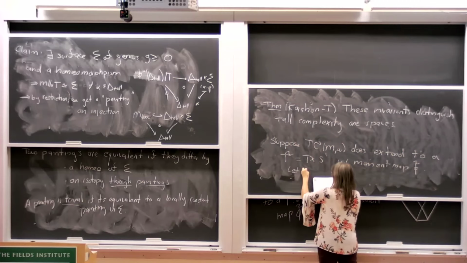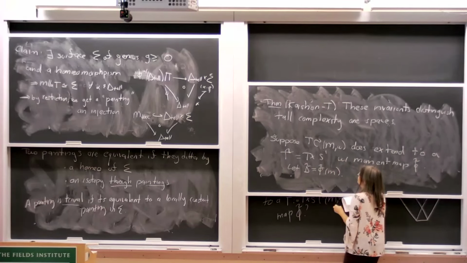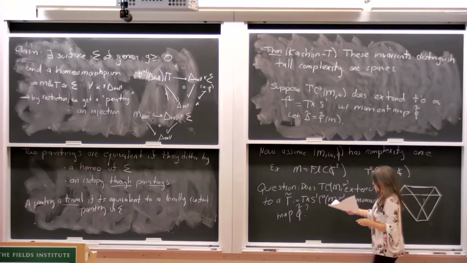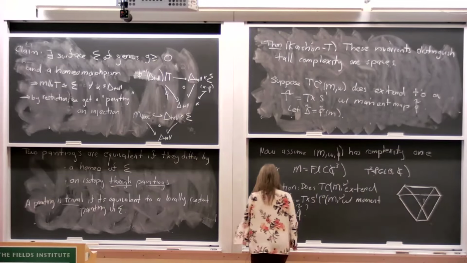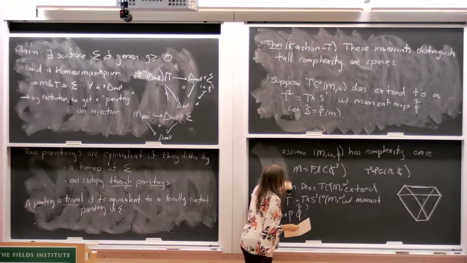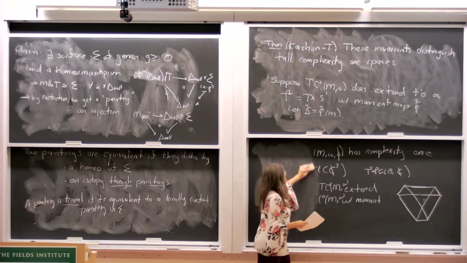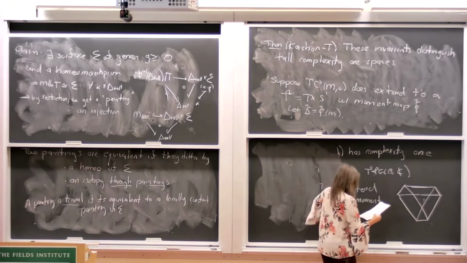And let delta tilde be phi tilde of M. The basic idea is that I can read off all these invariants very easily in that case, just by looking at delta tilde.